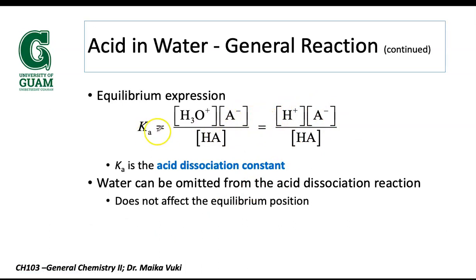Ka is equal to the concentration of H3O+, which is the product of the dissociation of the acid, divided by the concentration of the acid itself before dissociation, or the concentration of the undissociated acid, and it is given the subscript a to designate that it is an acid dissociation constant.